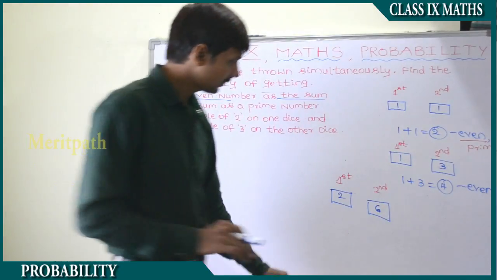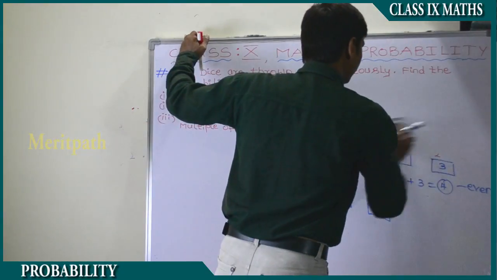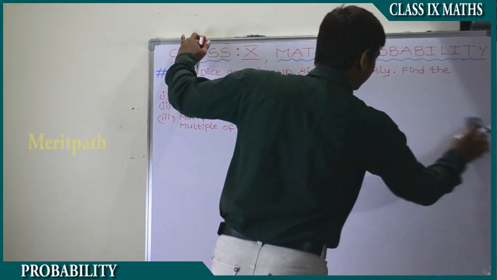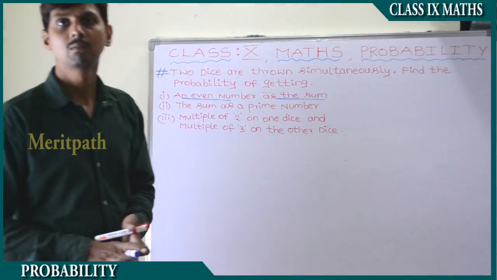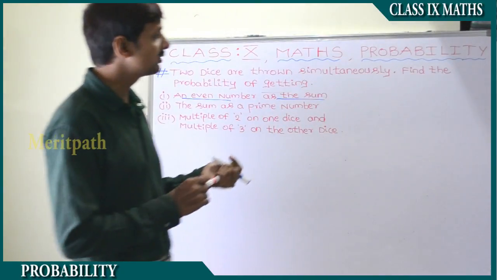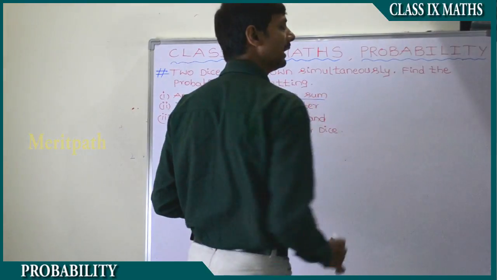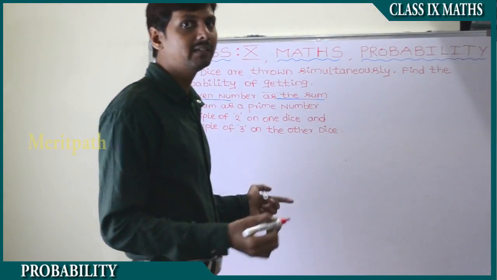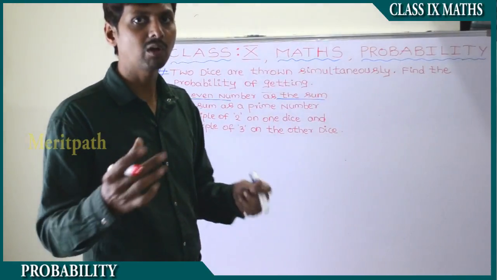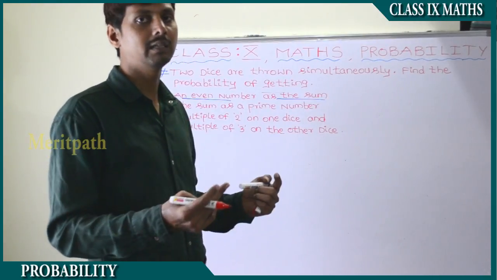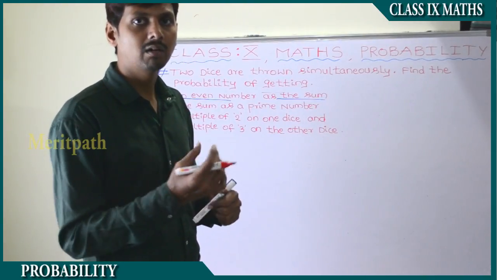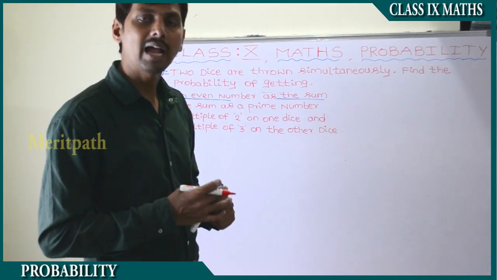We know, as we discussed earlier, probability is denoted by P. An event is one of the outcomes of the experiment that can occur, and that is called an event.